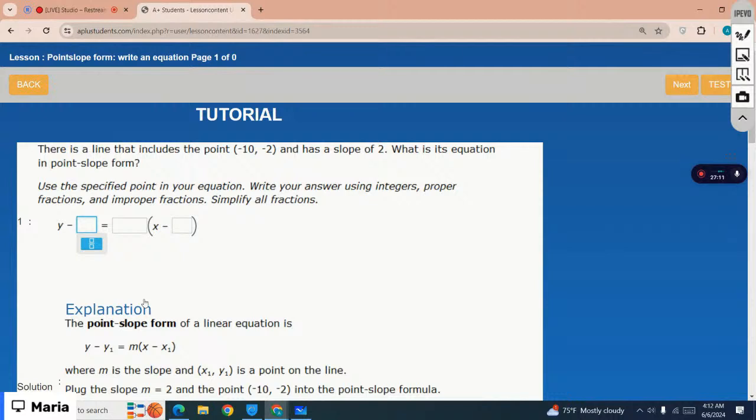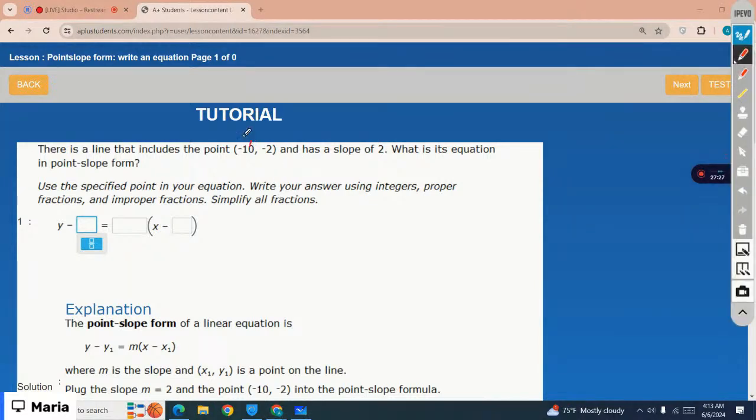So we know that the equation in the point slope form is y minus y1 equals m times x minus x1, right? The point: this is x1 and this is y1. So you have to do y minus y1, y minus -2 equals m.